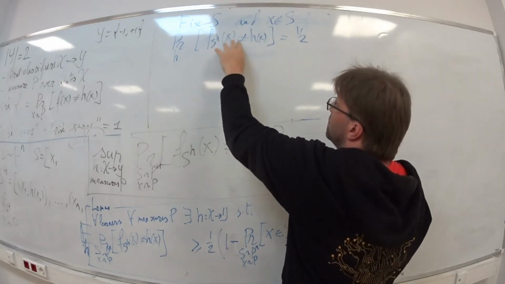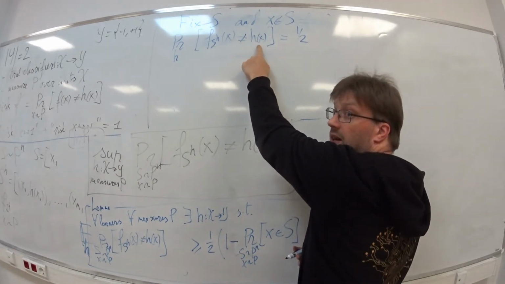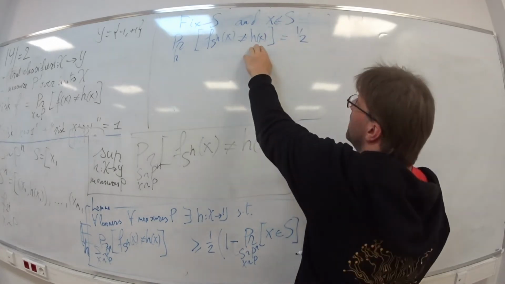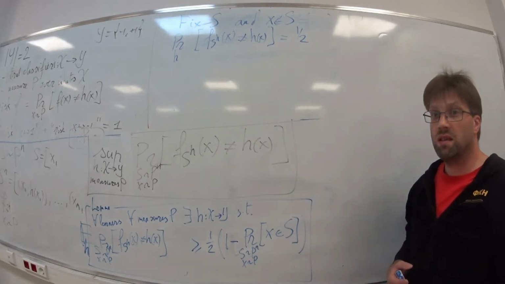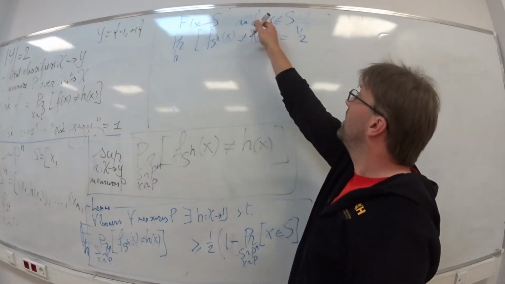So these two are independent, and this is a uniform probability, 1/2. So this is equal to 1/2, and this is for every S and x not in S.